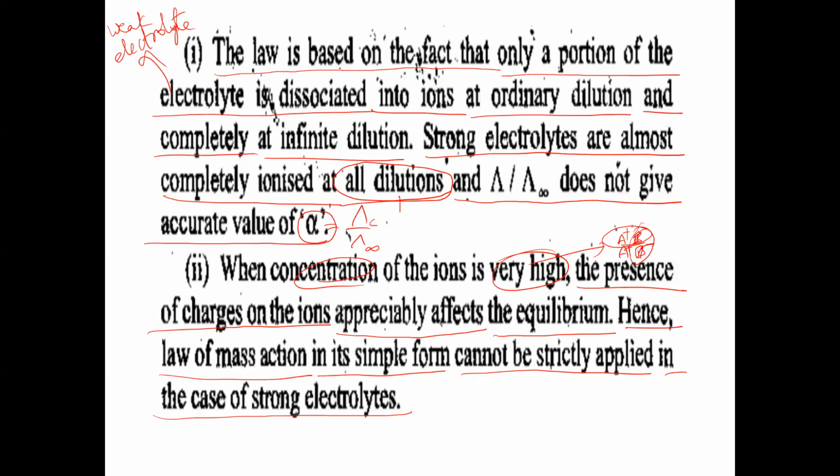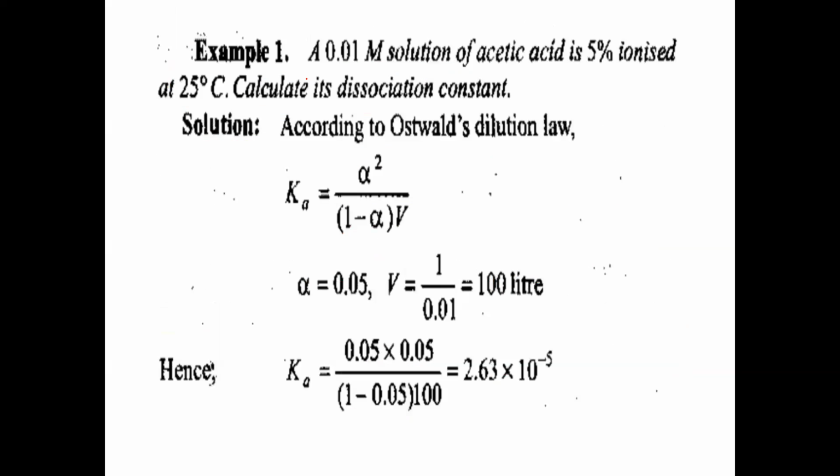Next, some example problems based on the calculation of Ka and the calculation of alpha. Here we have taken a 0.01 molar solution. Molarity C is given as 0.01, that is 10 power minus 2 molar, of acetic acid, formula CH3COOH.